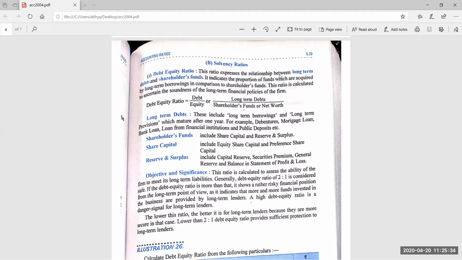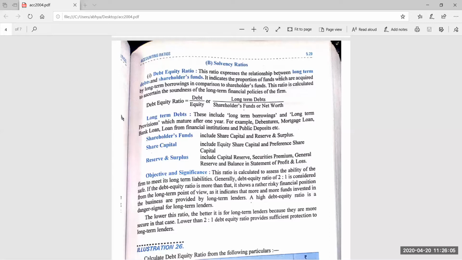And I told you earlier, you can write what will be the part of the non-current liability or debt. Write down debt is equal to long-term borrowings plus long-term provisions. When we were doing the balance sheet, I told you 4 subheads for non-current liabilities: long-term borrowings, deferred tax liabilities, other non-current liabilities, and long-term provisions.